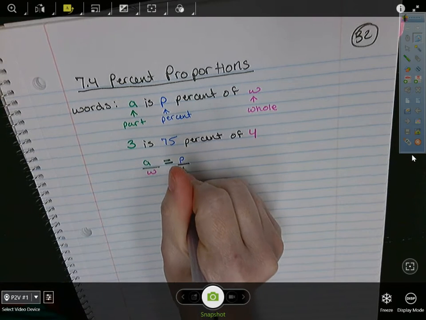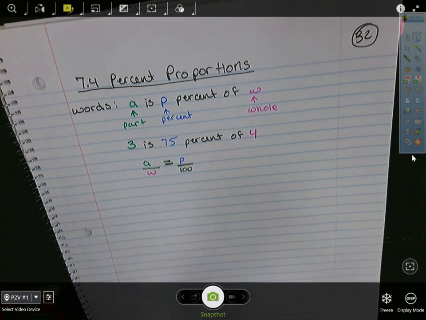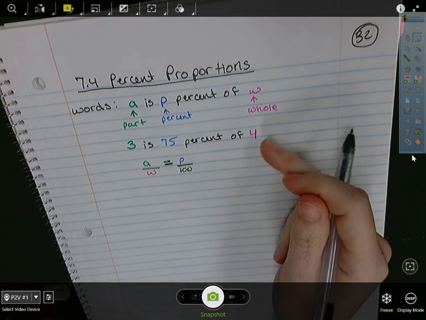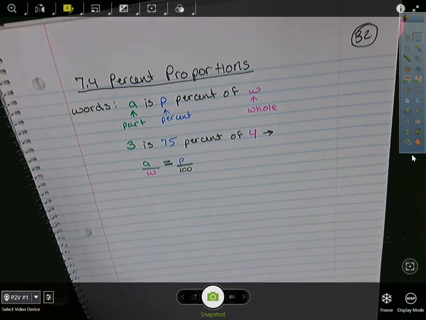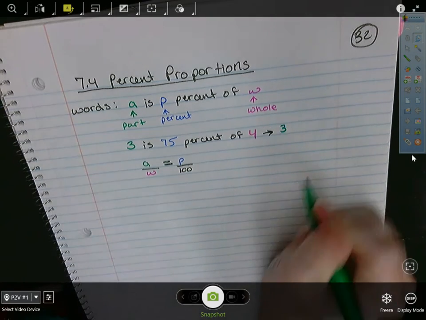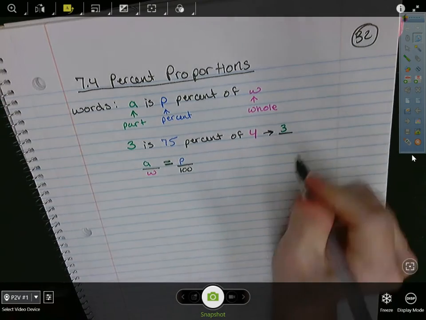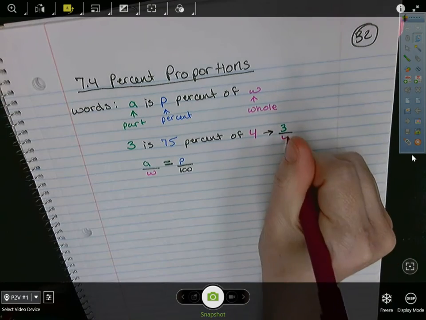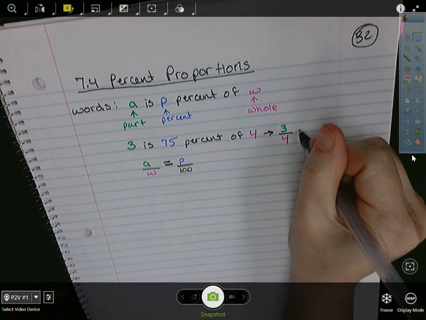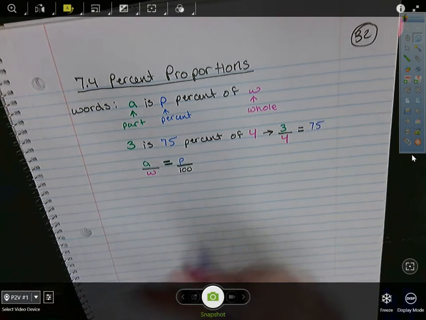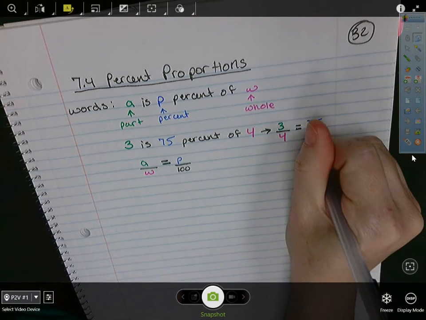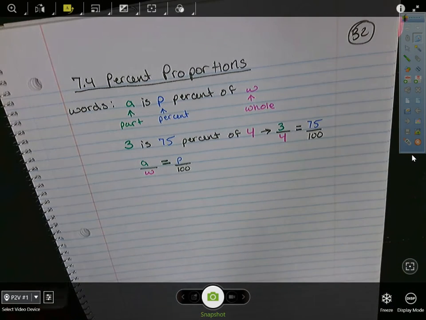Okay, and you always put your percent over 100. Remember, that's how we make it a fraction. So if I wanted to make this right here into a proportion, how it would look is 3 over 4 equals 75 over 100. Okay, and that's your proportion.